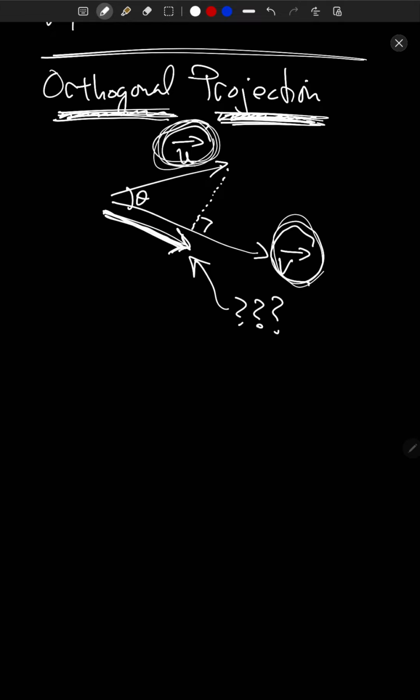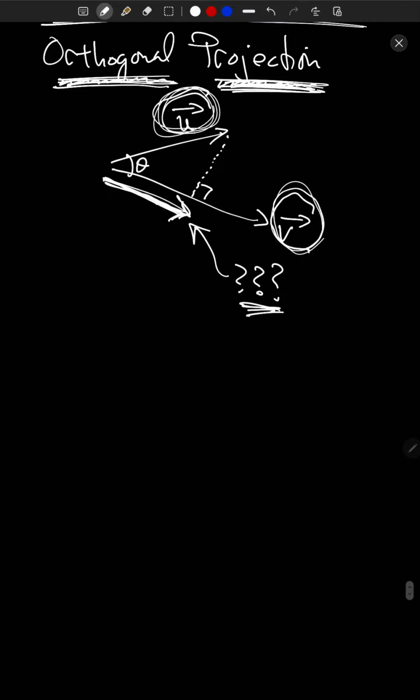Okay, this vector is so important that we actually have some special notation. It is called the projection of u onto v. You write a little v down here and the big U up here. So you're projecting u onto v. That's the guy we're looking for.